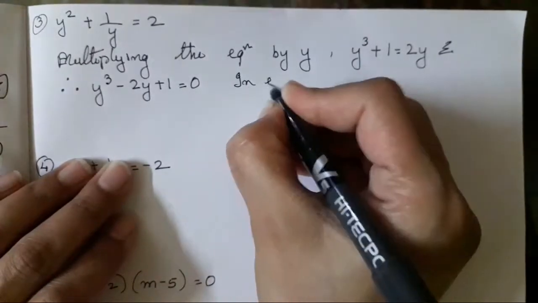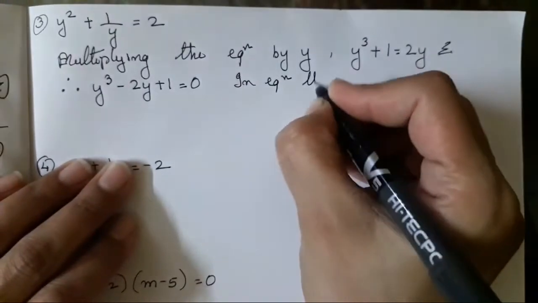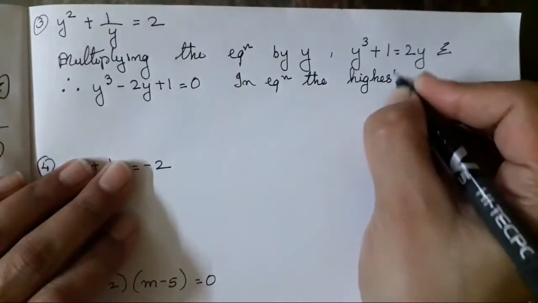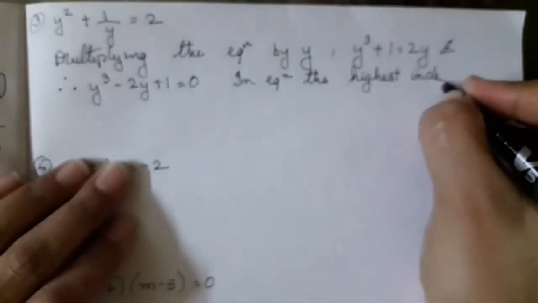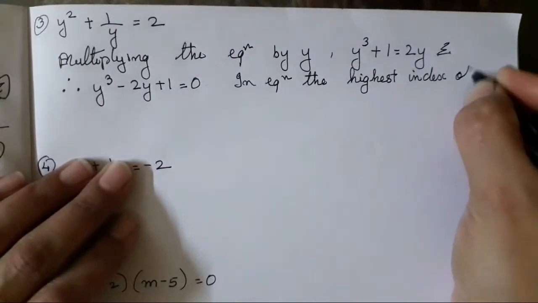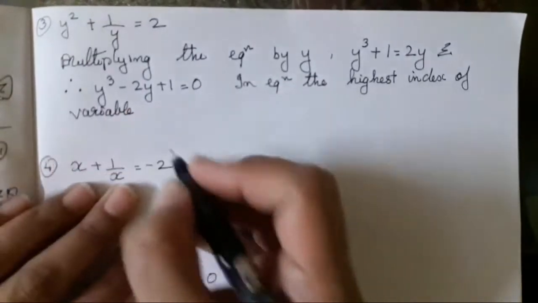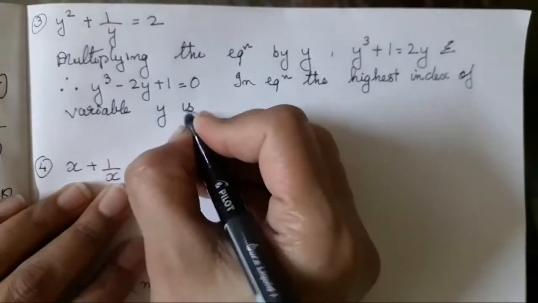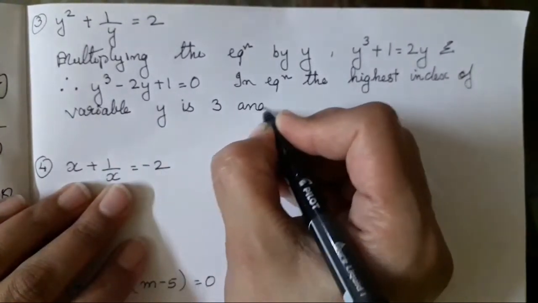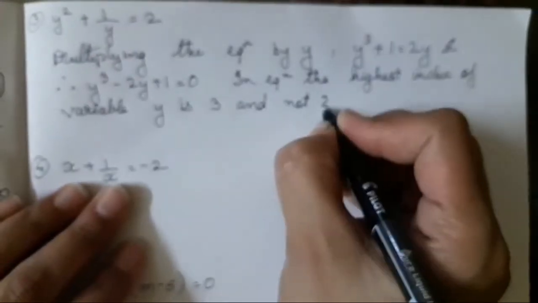Now, in the equation, the highest index of variable y is 3 and not 2.